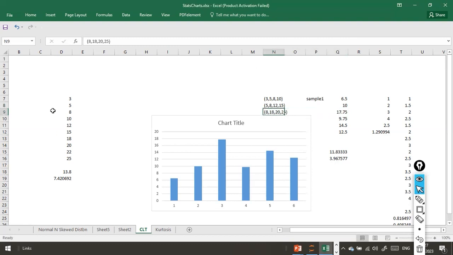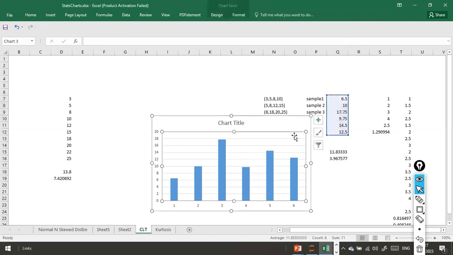So in this population, I have randomly sampled the data. This is sample 1, sample 2, sample 3. I randomly sampled the data and computed the mean for each and every sample. When you plot the sample means, it becomes approximately normal.